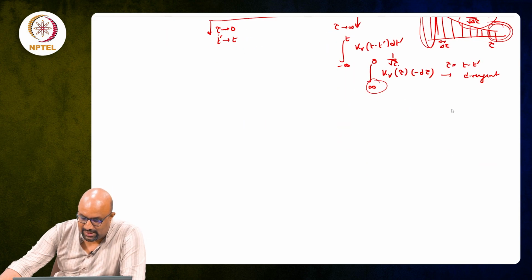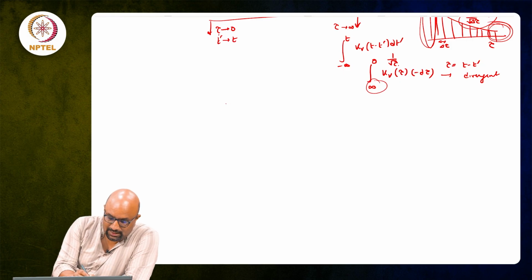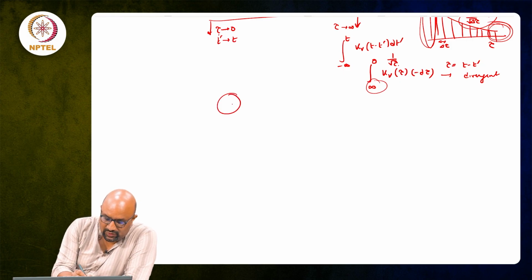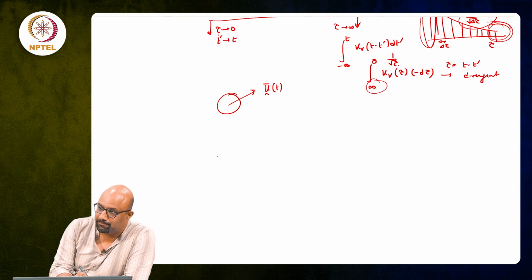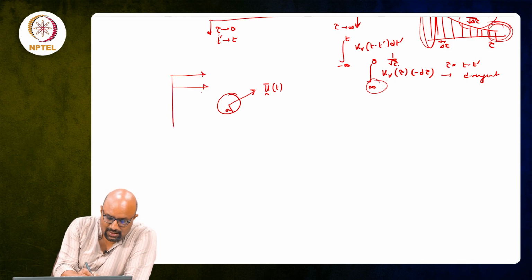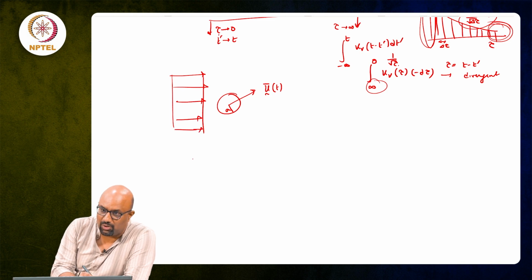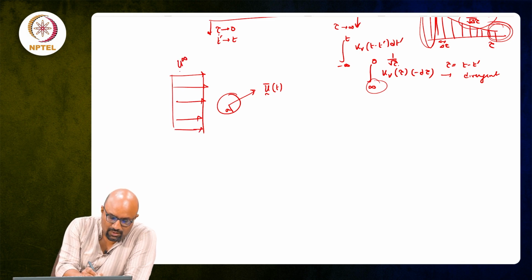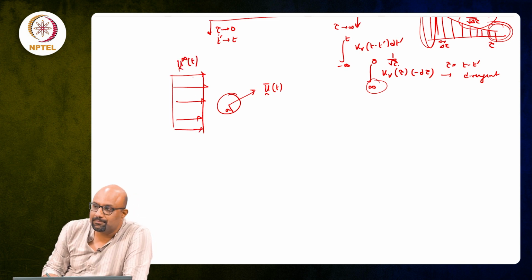Now, as I was saying, this was done where the sphere was moving with some velocity u of t, right. The sphere had a radius of a, it was moving with a velocity u of t. Now, what if there is a constant magnitude or a uniform flow of u infinity of t?